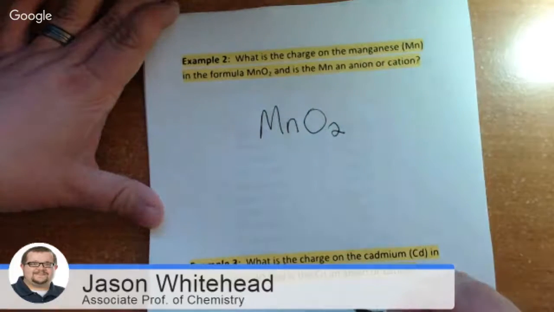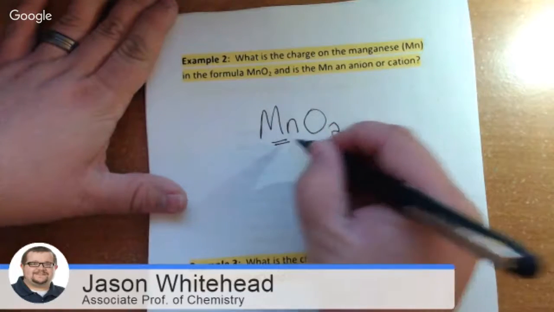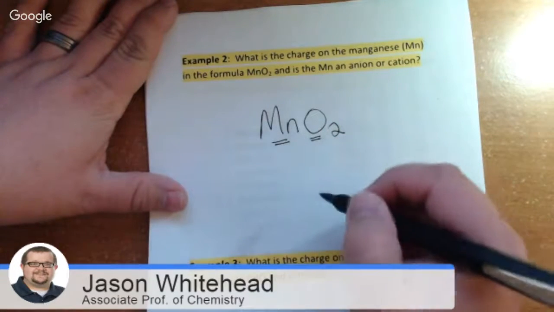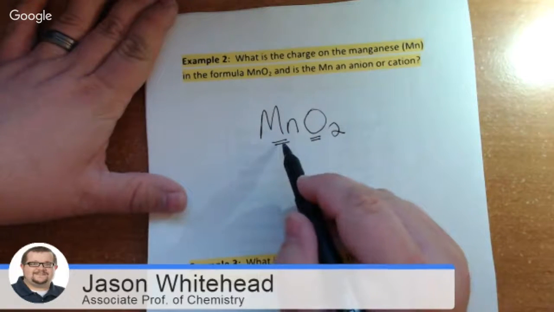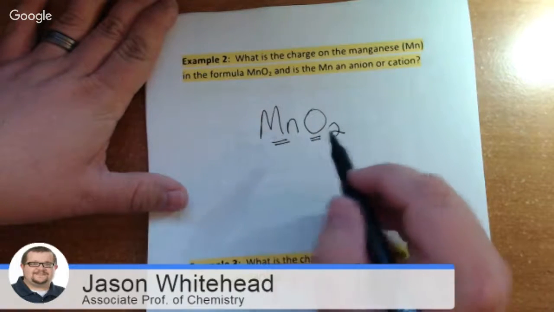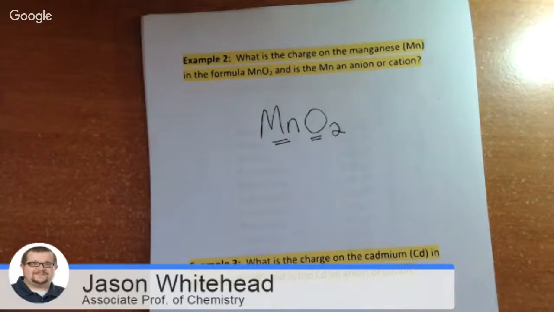I've got MnO2. Between the Mn and the O2, go ahead and type out in chat, which one do we know the most about? Do I know the most about the Mn or the oxygen? Good.